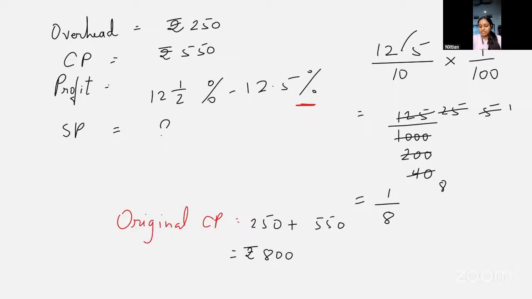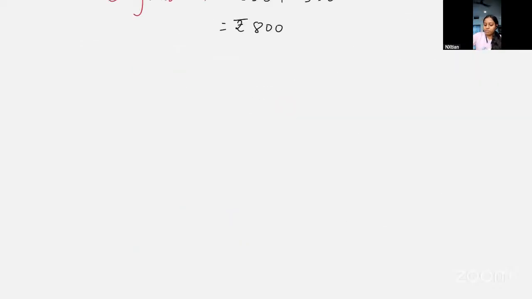Okay. Now see, the concept of overhead charges is like this. I'll just explain. When your producer makes something, it goes through a supply chain in which the producer sells it to the wholesaler.